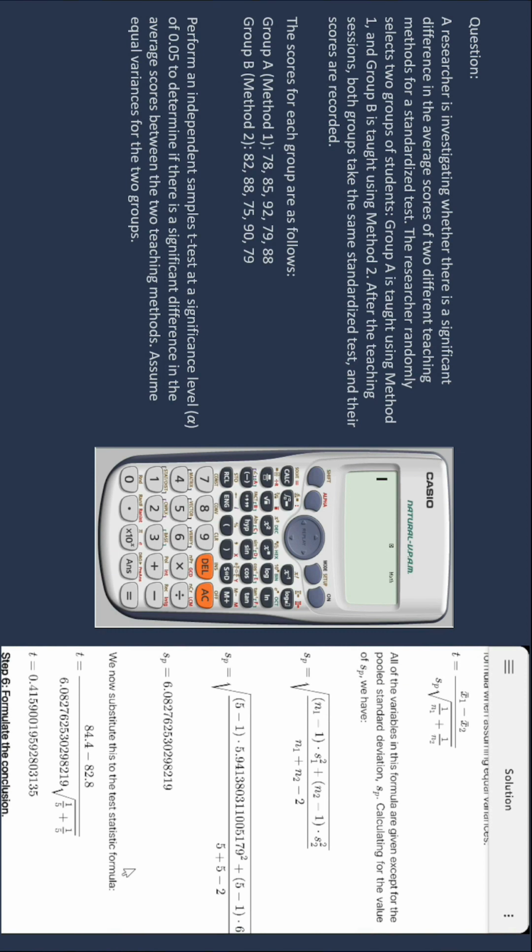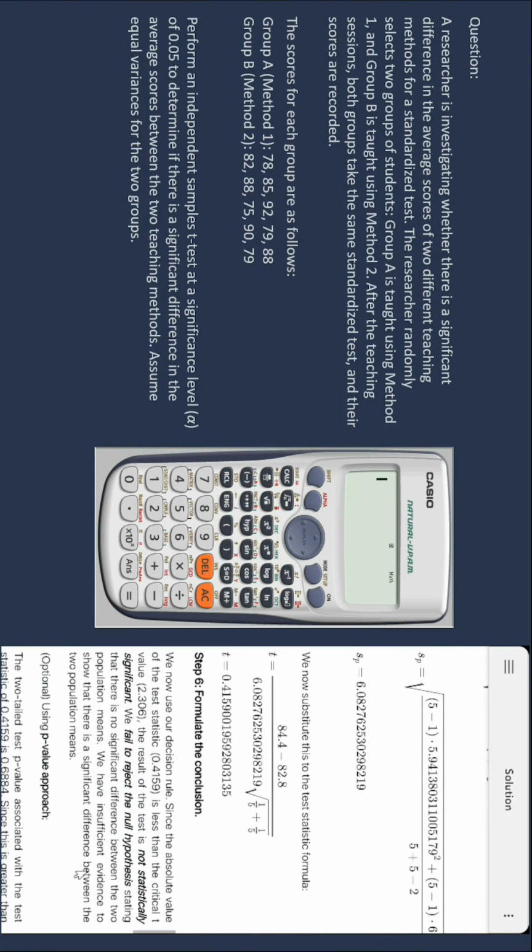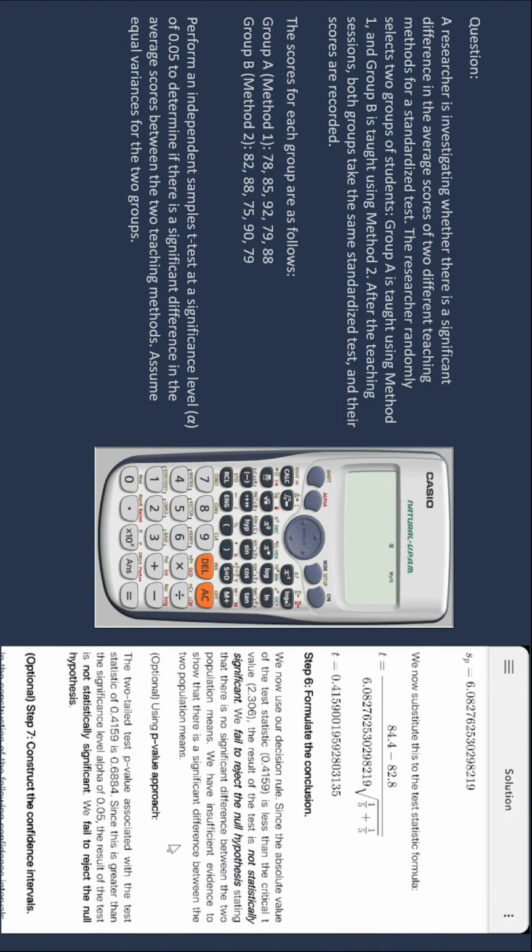Now in step 6, we formulate the conclusion based on our decision rule. As you may have noticed, our t-statistic of 0.4159 is less than the critical t-value of 2.306. That is why the result of the test is not significant. We also included an optional part here where we conducted a p-value approach to test the significance of our result.